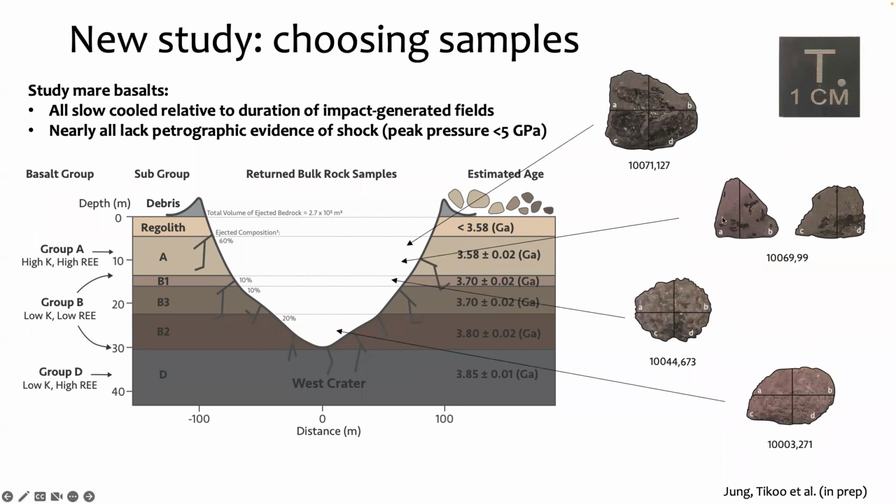We chose these 4 samples and did really detailed shock petrography. What we found is that only one of the samples showed any petrographic evidence of shock. In this case, we had some undulatory extinction in olivine, which showed that it was shocked to at least 12 gigapascals or so.